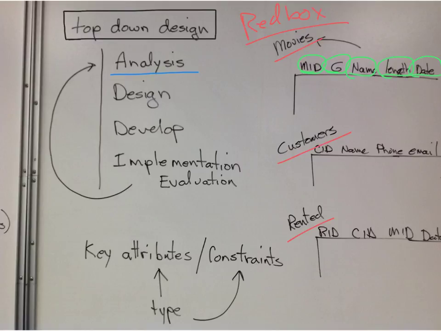So we had some ID for the movie, the genre, the name, the length, maybe the date. We didn't list everything. But you notice all of these things describe a movie. Okay? In here we don't put who rented the movie because that doesn't describe the movie. Then we talked about customers, customer ID and name, their phone number, their email, these things all identify the customer.